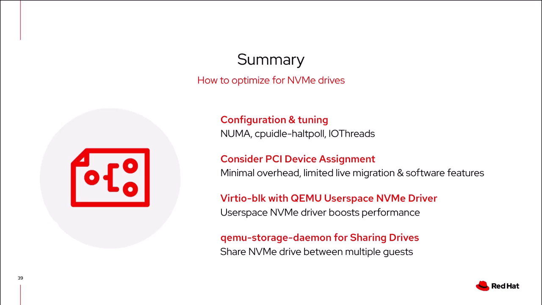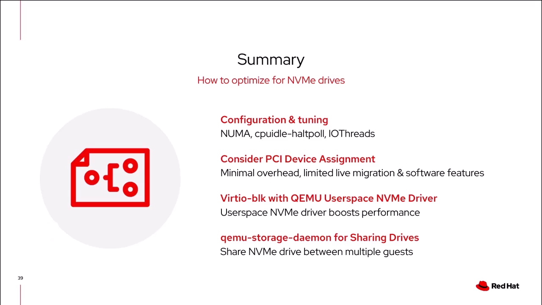So, summary. What have we looked at? Well, there's the basic configuration and tuning that is essential: the NUMA, CPU idle iopoll, and IO thread setup. That gives you a basic performant starting point. And then you have the big choice. Do you want to use PCI device assignment? Because that way you'll have the minimal overhead. That's the best way to go if performance is critical.